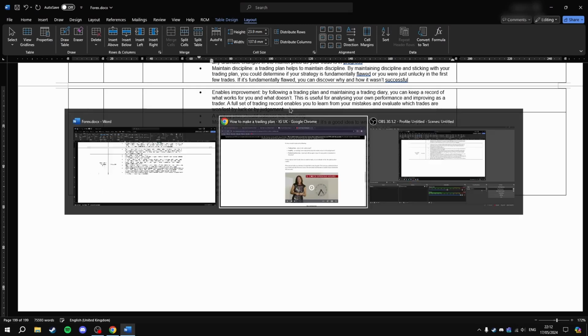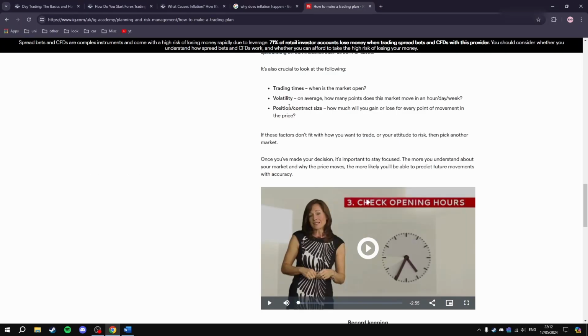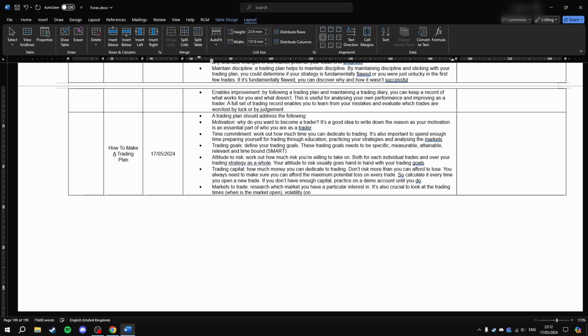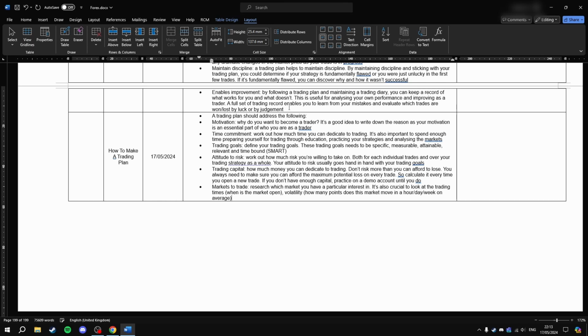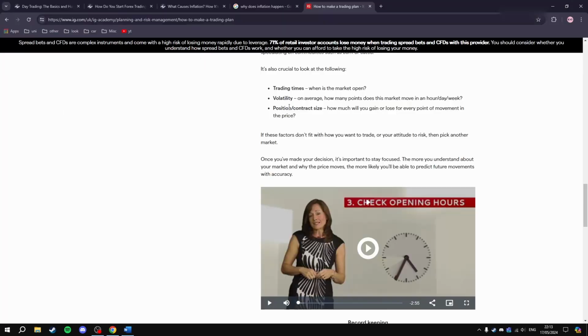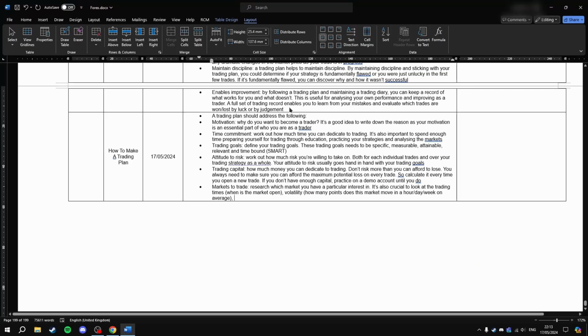Volatility: how many points does this market move in an hour, day/week on average?